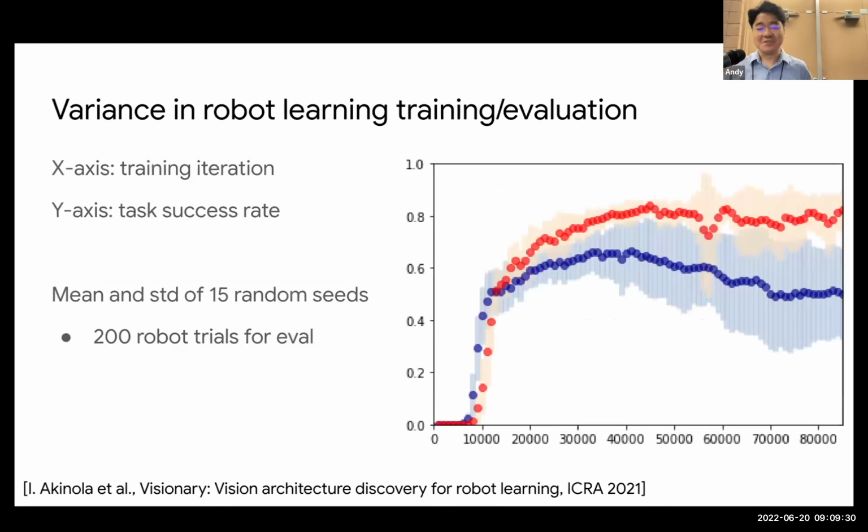And here is an example. This is the graph I grabbed from the architecture search paper. The red curve is the new architecture, and the blue curve is the previous architecture. Of course, the red is performing better, but what I want you to look at is not that. I want you to look at these transparent bars.